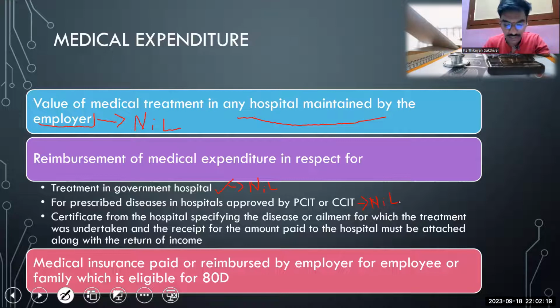Yes. Second is, if he is not getting himself treated in a hospital which is maintained by the employer, but he is reimbursing the medical expenditure for treatment in a government hospital அப்படின்னா the taxable value of perquisite வந்து nil. அதே மாதிரி if the employee is getting himself treated for a prescribed disease in a hospital approved by principal commissioner or chief commissioner, the amount taxable is nil.